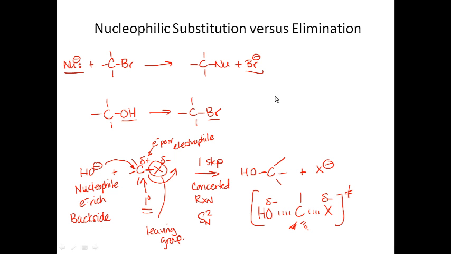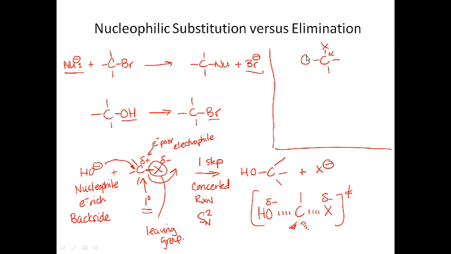Now, besides that substitution, we are also going to look at elimination reactions that occur in this experiment, as well as side products. There's also another nucleophilic substitution that occurs. But what happens in elimination is that if I have my carbon that's attached to my halogen, the terminology here is that I call the carbon that's attached to the leaving group an alpha carbon.